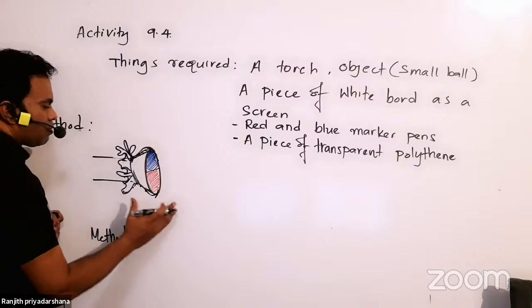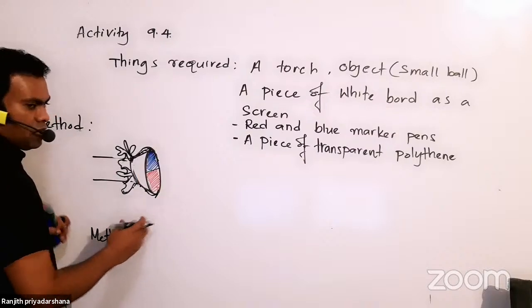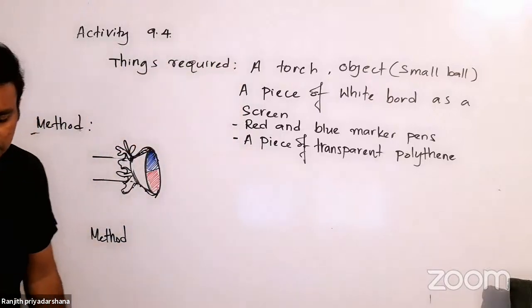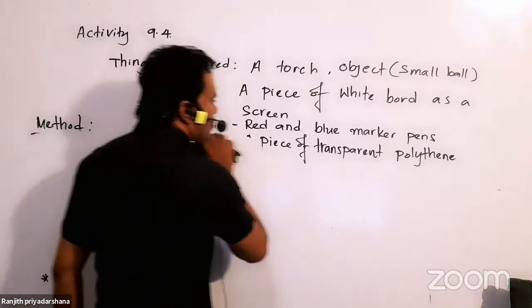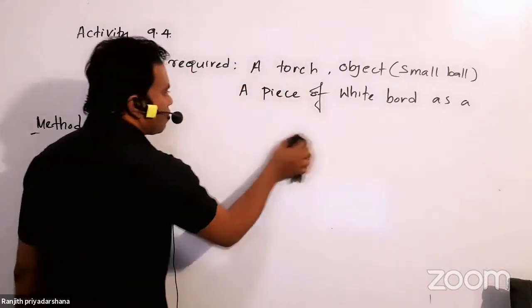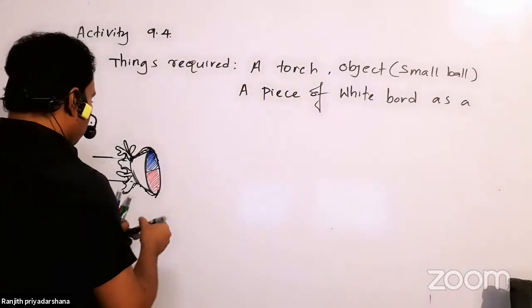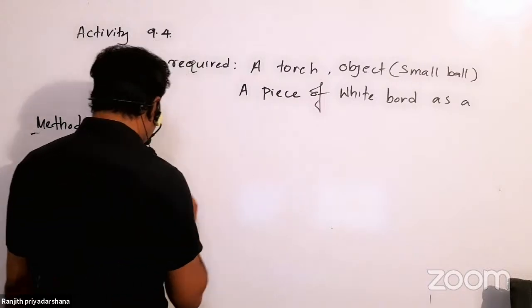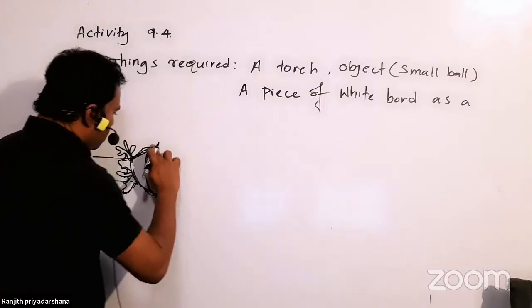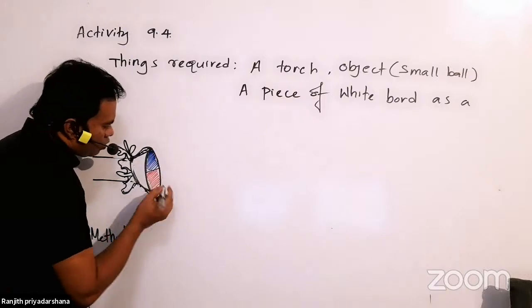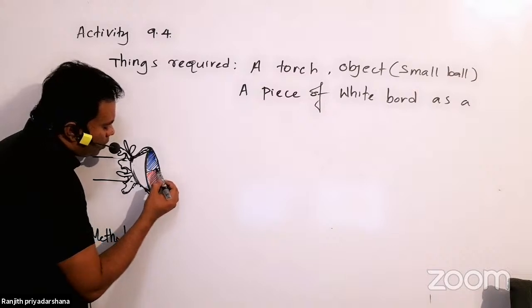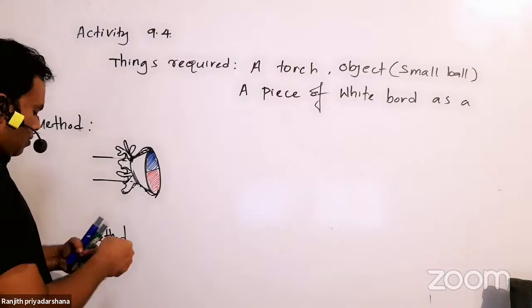So you have to keep space to draw this. Let's draw this first. Here you can see the upper position of the blue color and lower position of the red color.